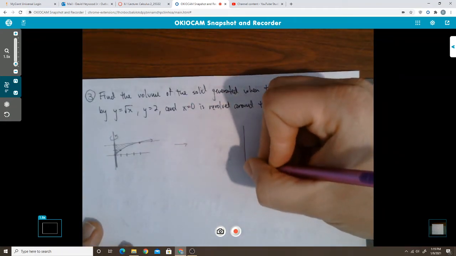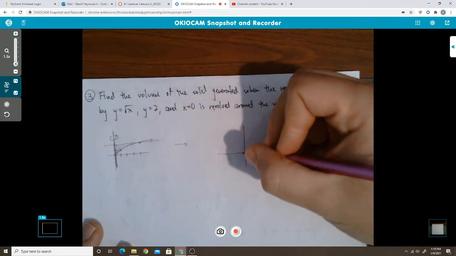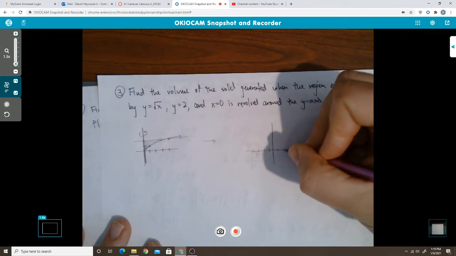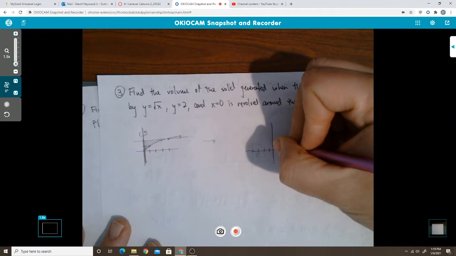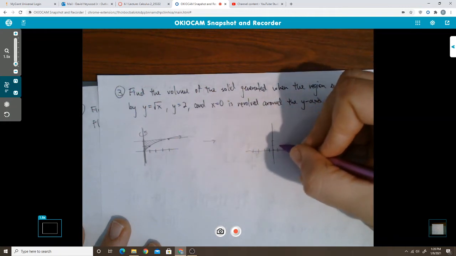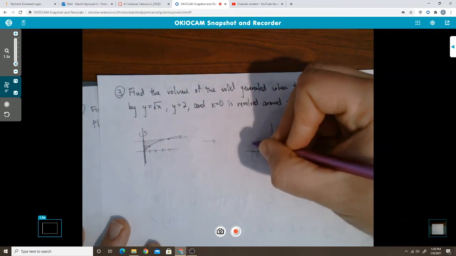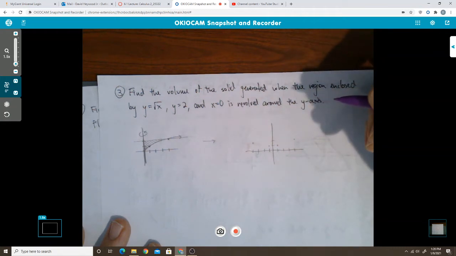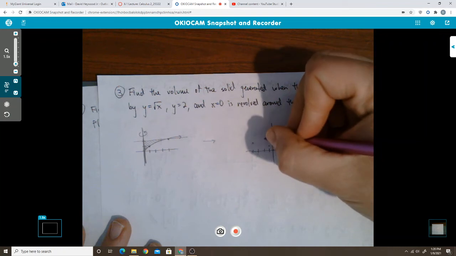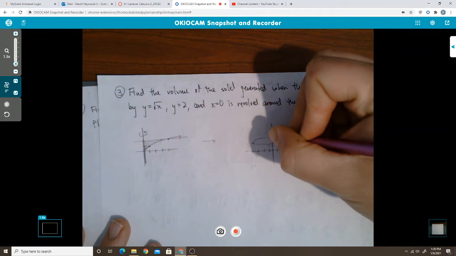So I think we're going to end up with something along these lines. So 1, 2, 3, 4. 1, 2. And I think it's going to go something kind of like this, where it's almost like a cone looking thing, right?